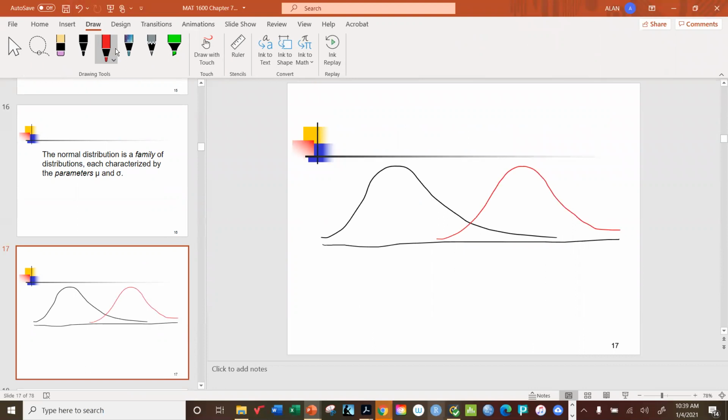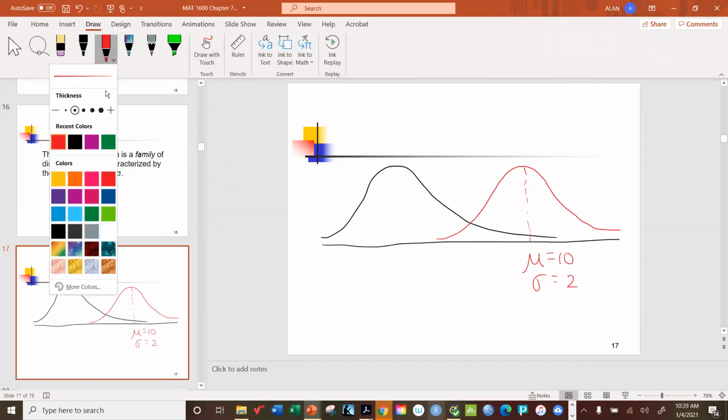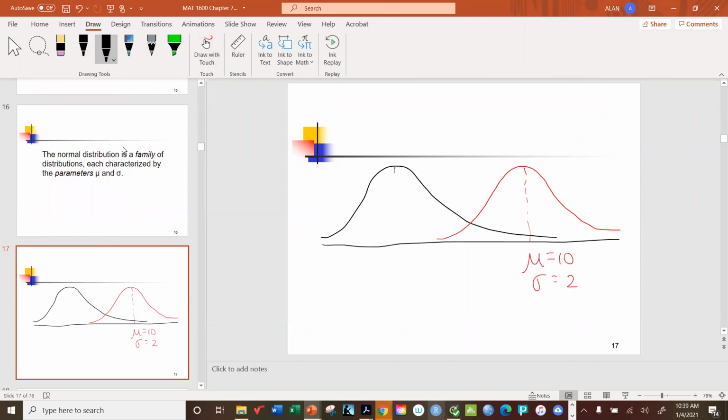Okay, so the important detail here is this curve has, let's say, a mean of 10 and a standard deviation of 2. Then the black one has a mean of, let's say, 1, but also a standard deviation of 2. Now, the key detail here is that the means are different between these two curves because they're located at different positions on the real number line. Okay, this is the real number line.